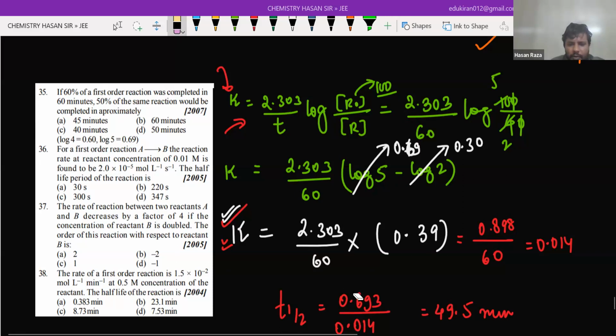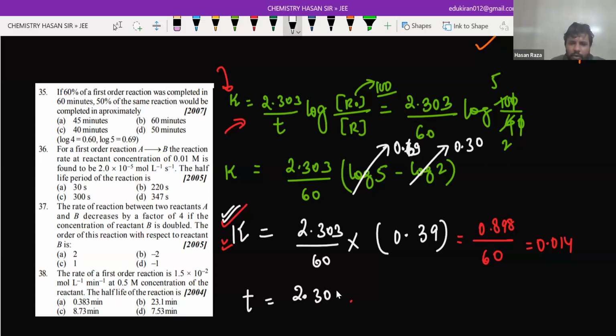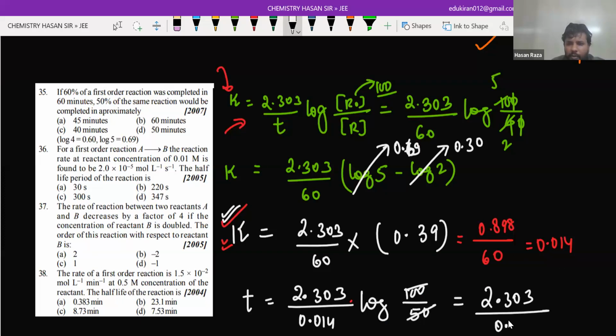Oh, don't use this. Wait a minute. If we are going for this time, this will be 2.303 upon K. What is the value of K? 0.014. Okay, log of initial concentration. Now 50% completed, that means 50 is left. So here what we will get is 2.303 upon 0.014 log of 2.